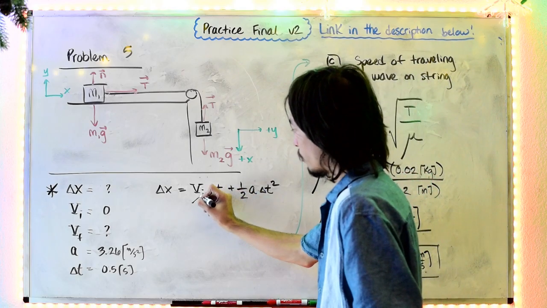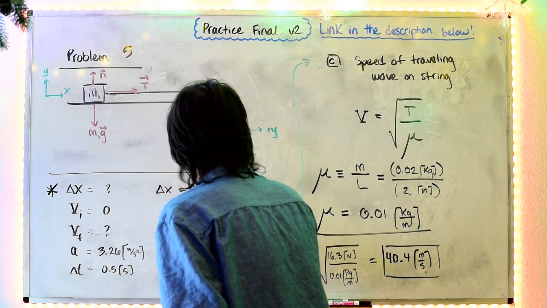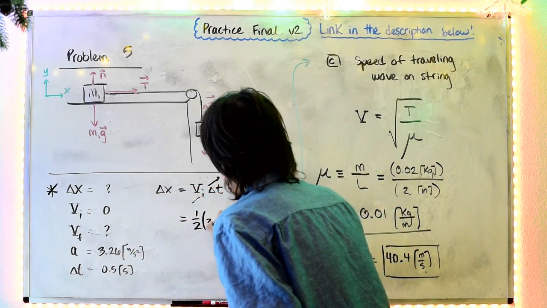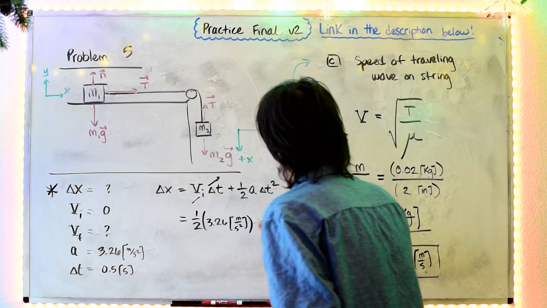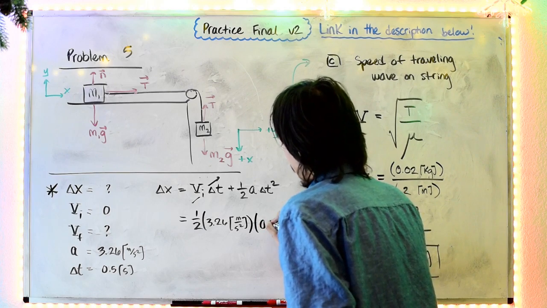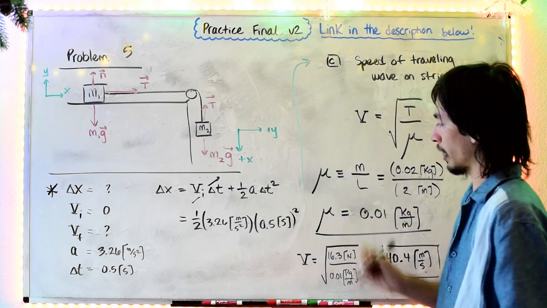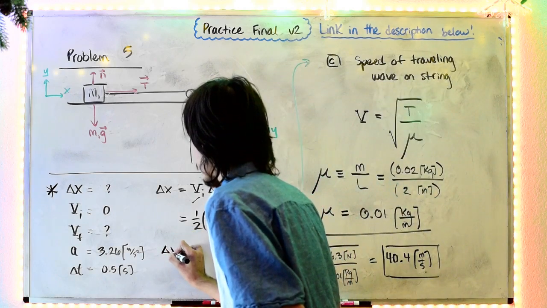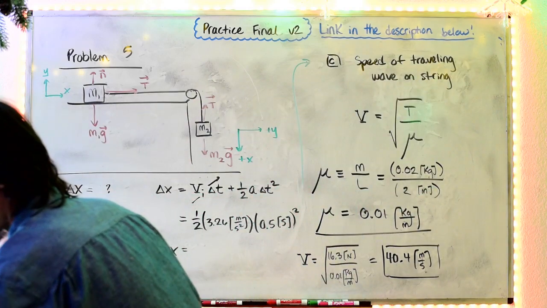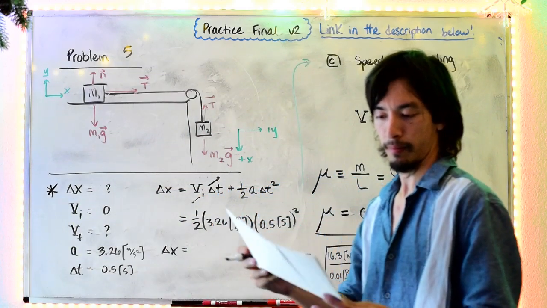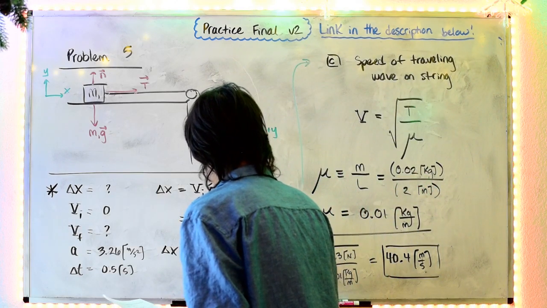I'm going to get rid of the initial velocity because it starts from rest. So it's just 1/2, the acceleration of the system is 3.26 meters per second squared, and the time is half a second, which we're going to square. Okay. That distance that you end up getting is 0.41 meters.